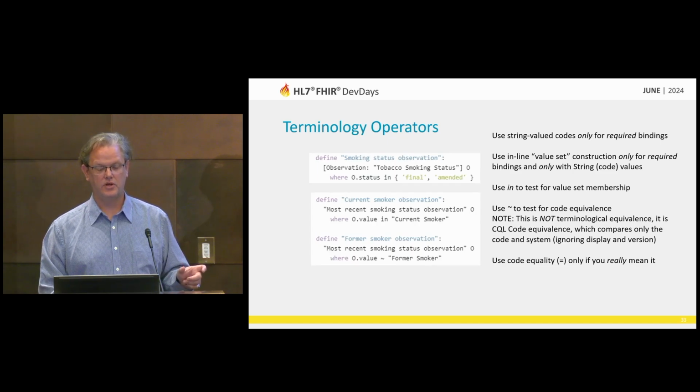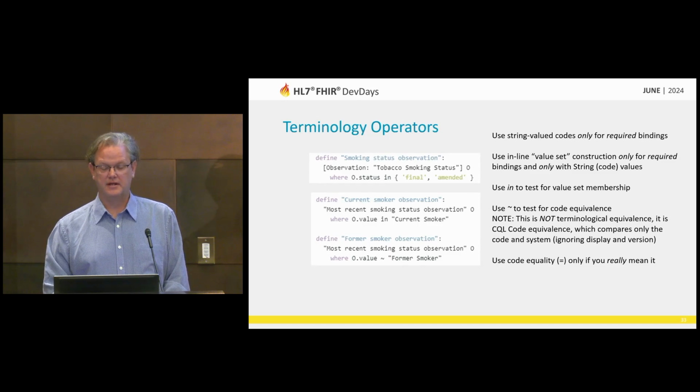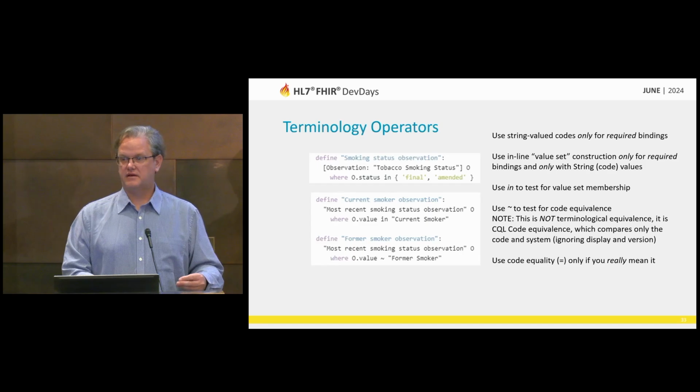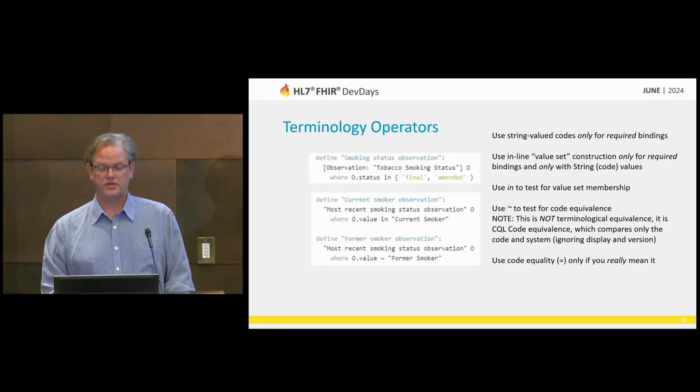So I know if I'm looking at Observation, the only possible values for that status are final, amended, corrected, as listed in the spec. So this is the only case where it's okay to use an actual string value there and construct a list like that. Because there is no system, right? It's implied by the binding.